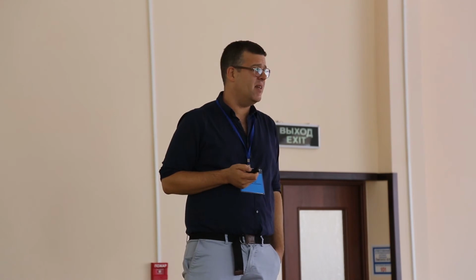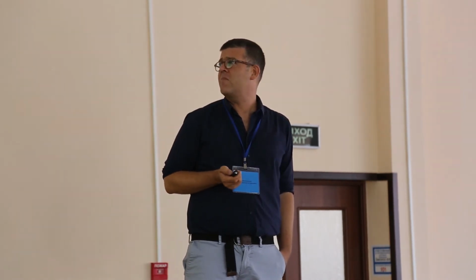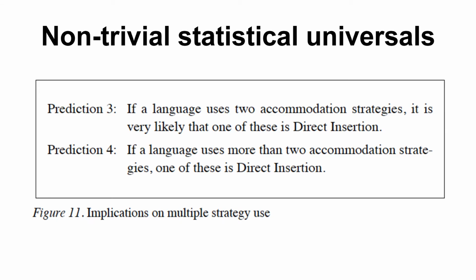Maybe it's a proxy for something else going on. We don't know yet. I mean, this is really just descriptive statistics. But other things, so if a language uses two accommodation strategies, one of them is almost always going to be direct insertion. That's an interesting result. That's not trivial. It wasn't predictable just from common sense.